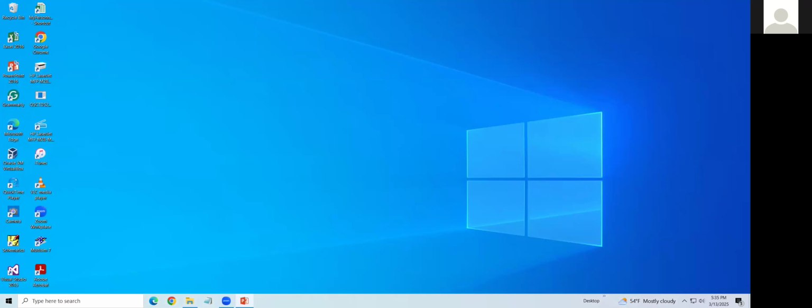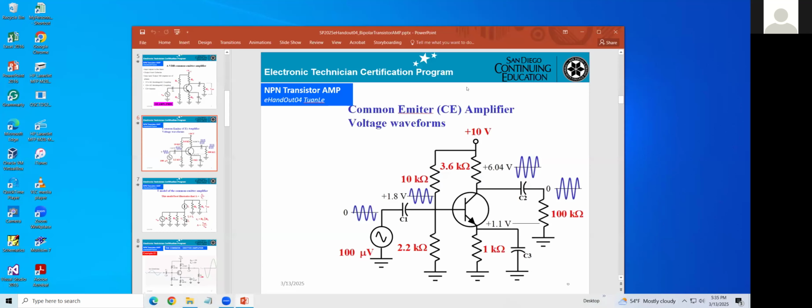Okay, next I will go over quickly before we start with the differential amplifier. The only thing you need to do with the transistor amplifier, when you're looking at the circuitry, is know what kind of amplifier it is: common emitter, common base, or common collector. So this is a common emitter.